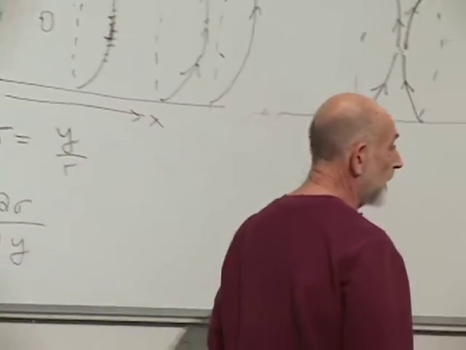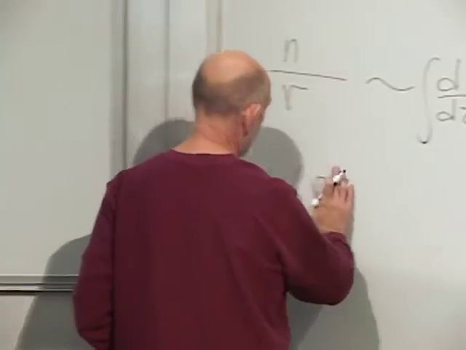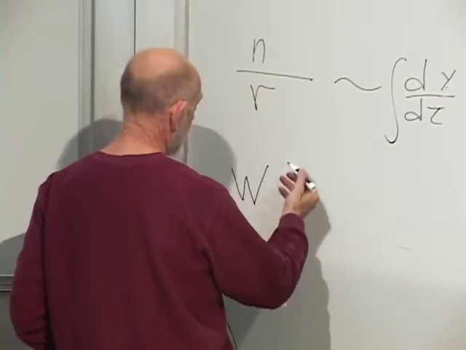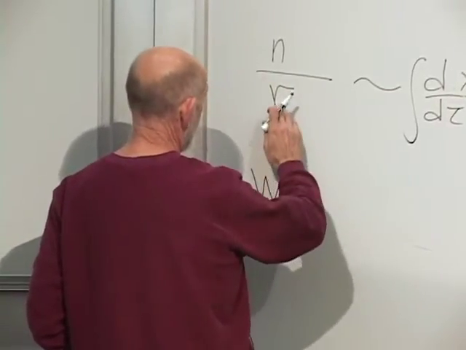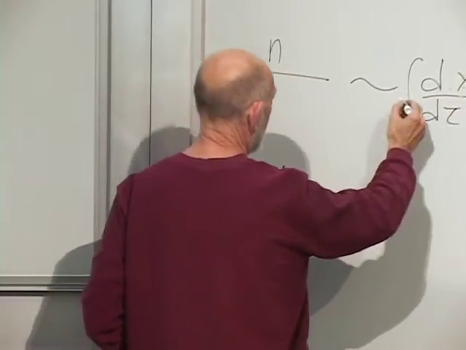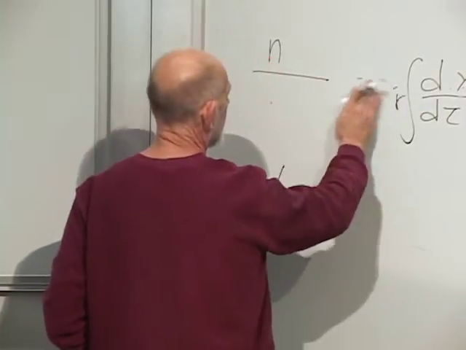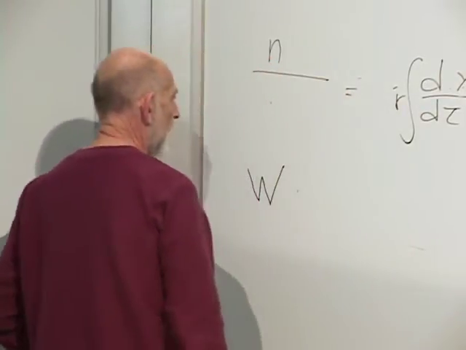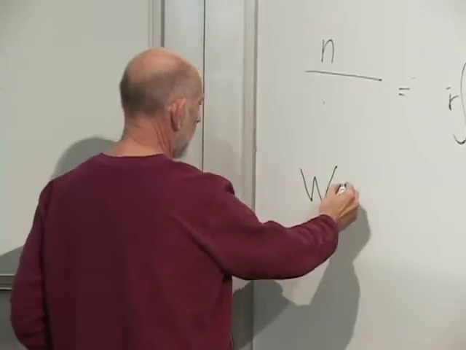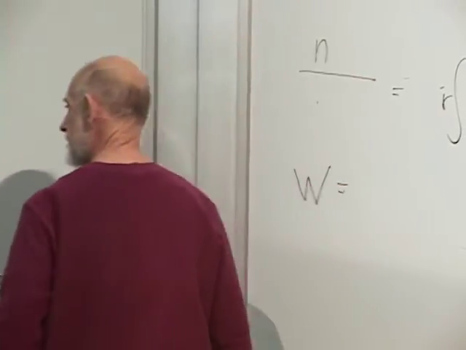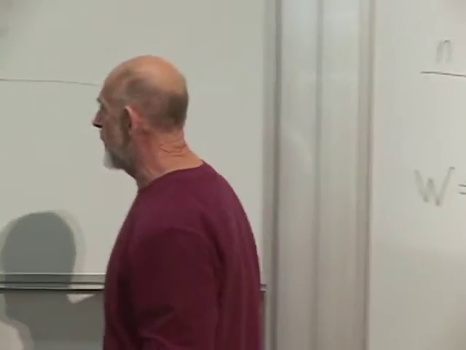In other words, the winding number, yeah, actually this is right. R times this, and the winding number, I believe, is, what, I had an equation. Where did it go?